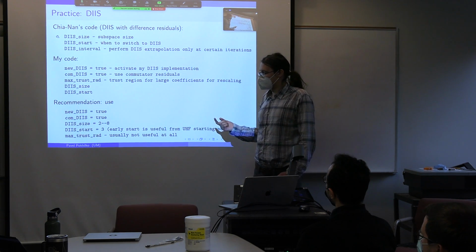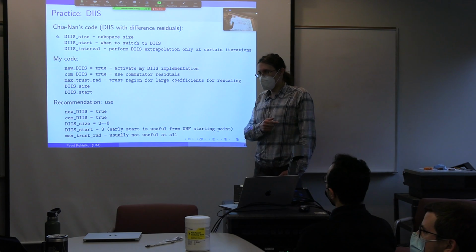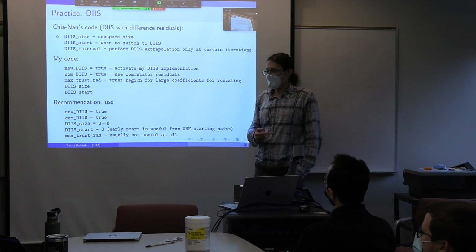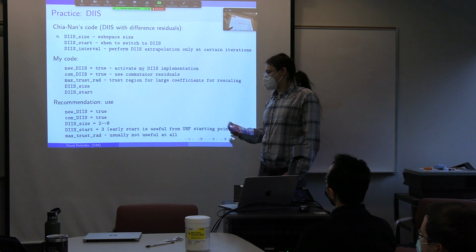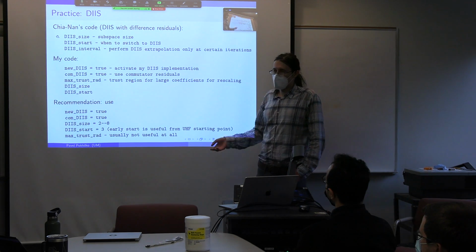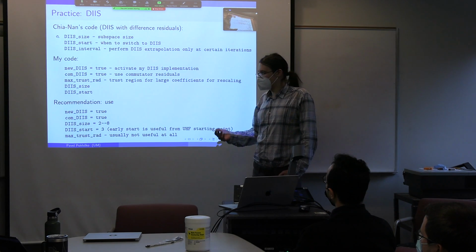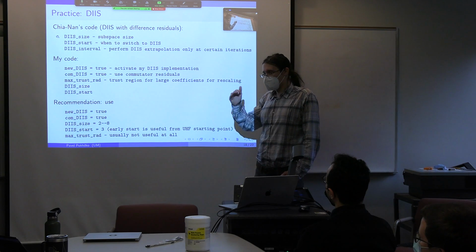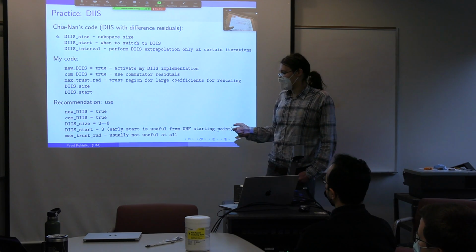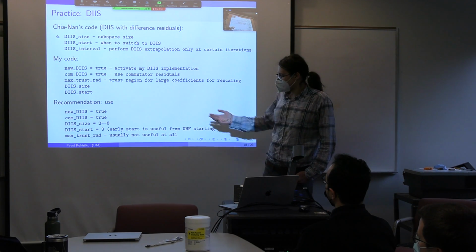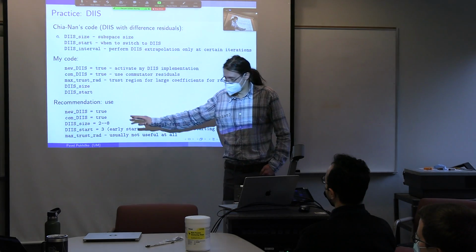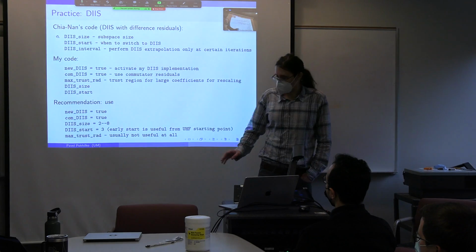I find that it is much easier to converge GW if you start from a damping guess, so that the changes in the Fock matrix are not very big, and convergence can be reached in fewer iterations. I usually put it at 2 or 3, and it seems to work fine.